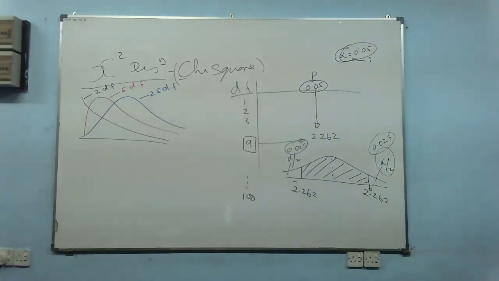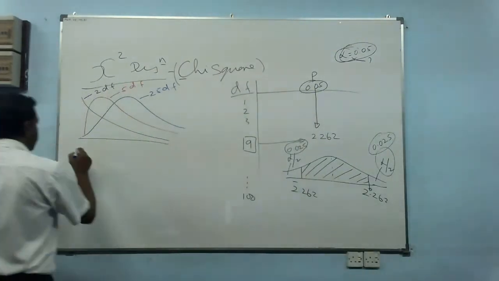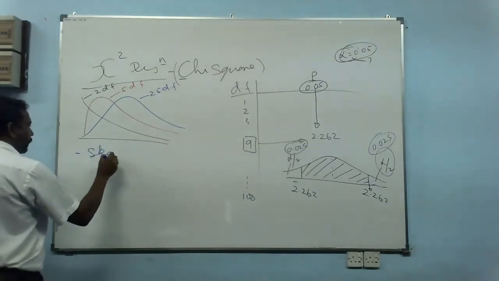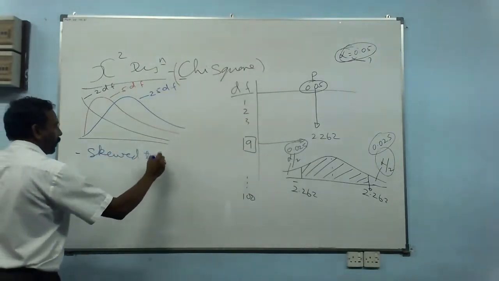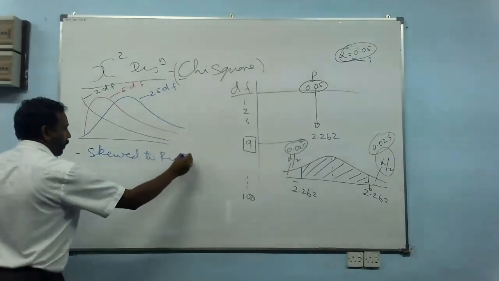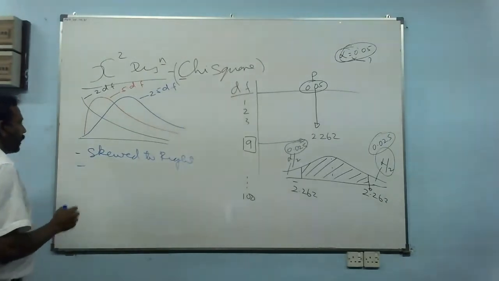Here it is a skewed distribution to the right.